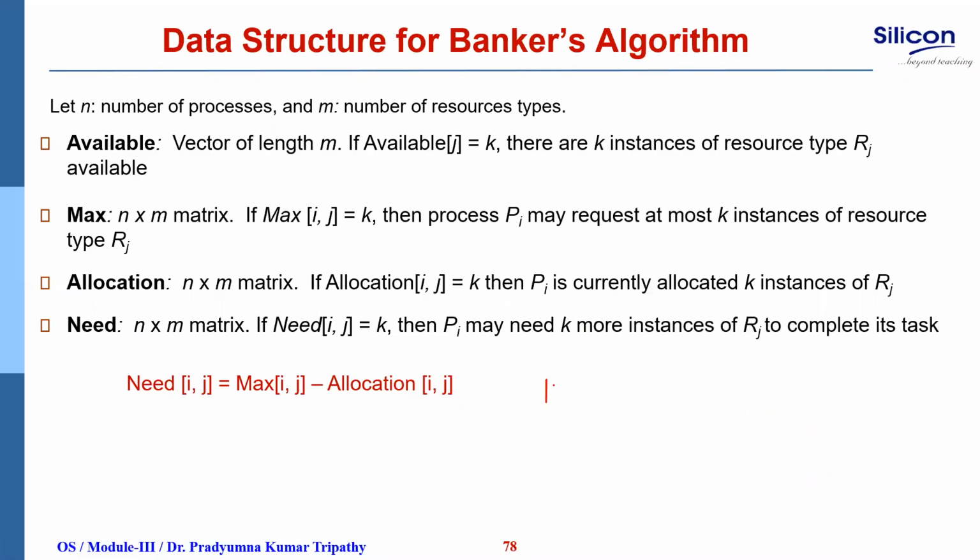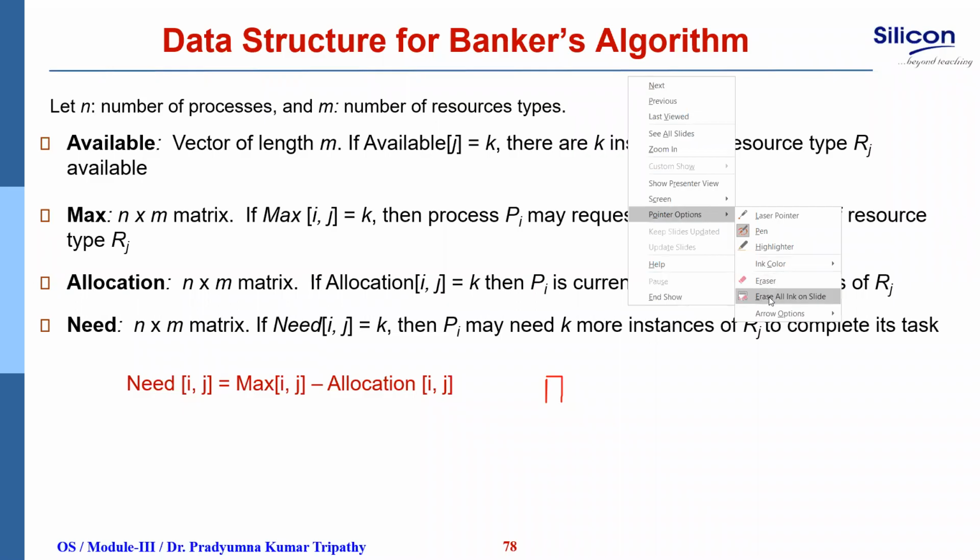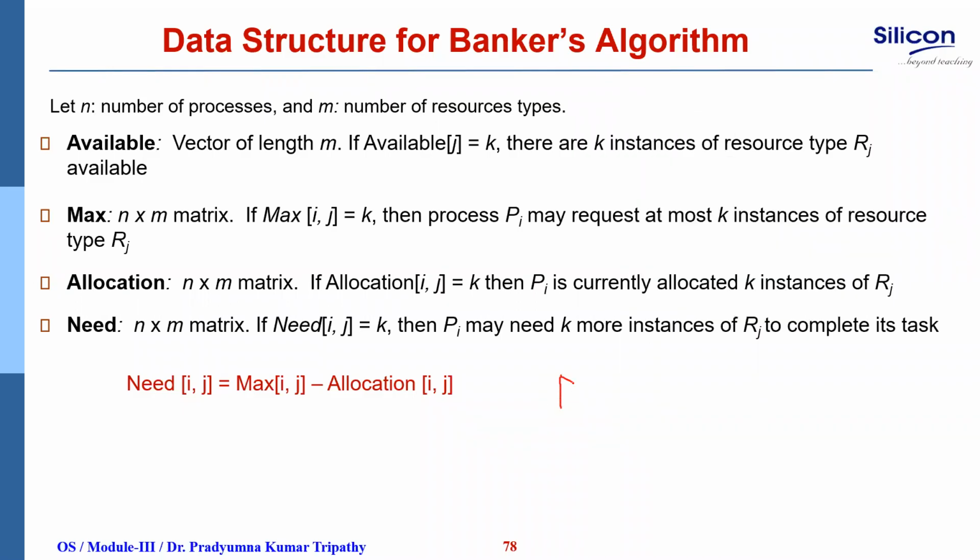If I say max of P1 comma hard disk equals 5, suppose I have written, that means the maximum demand for process P1 is 5 hard disks.